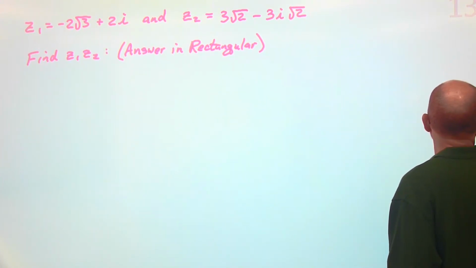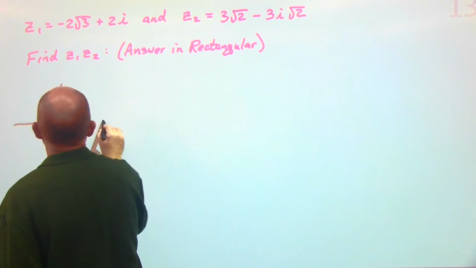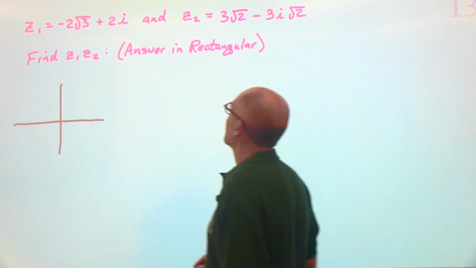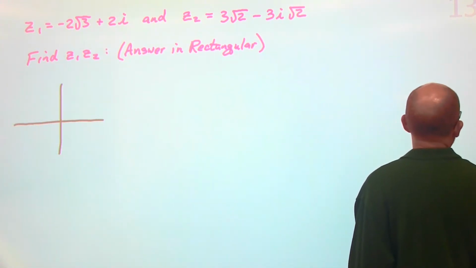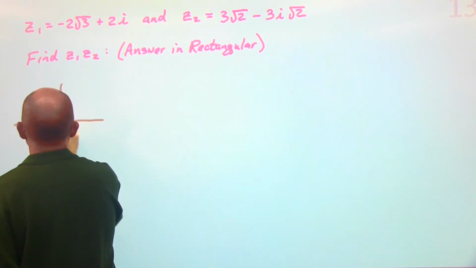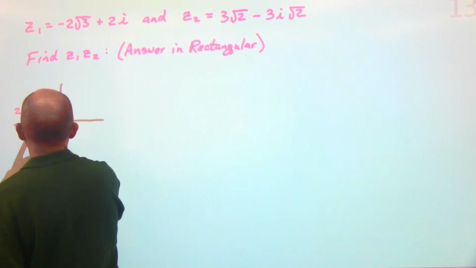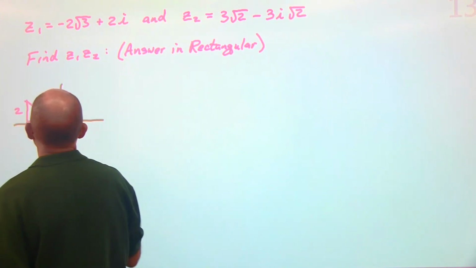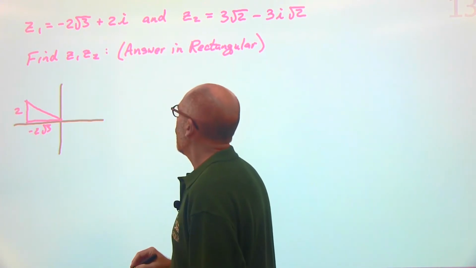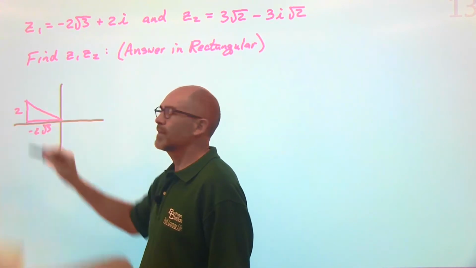So z1 is basically 2 square root of 3 left and 2 up. Now, what we notice is the long leg is square root of 3 times the short leg.